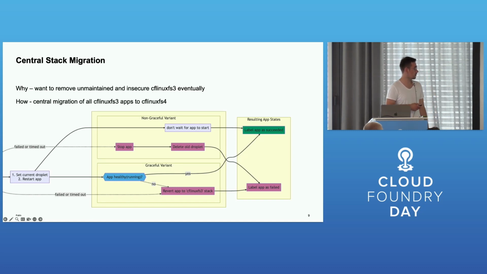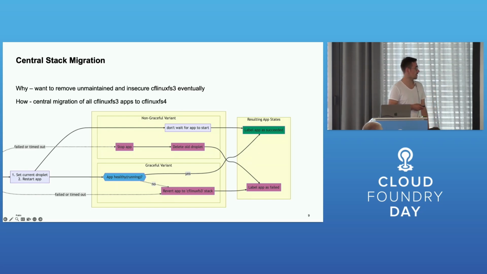We went with the graceful variant, like the numbers you see are the graceful variants. So that means we wait for the app to get healthy and rely on the app's health checks. And in case the app doesn't get healthy, is in a fail state or something, we revert it back to the old droplet and the old stack and mark it as failed. We never touch it again. And in case it worked and it's running, we are happy.